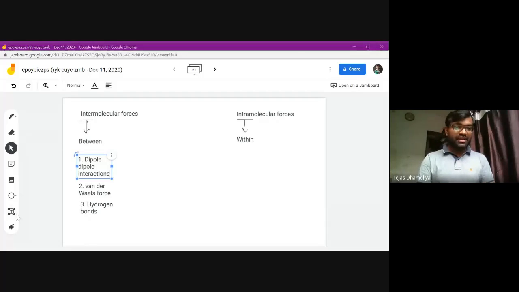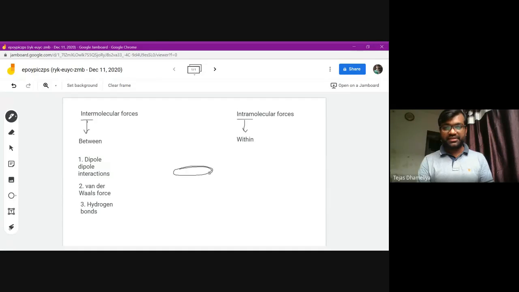So, for example, let us consider a simple molecule. I'll use a circle, a sphere.